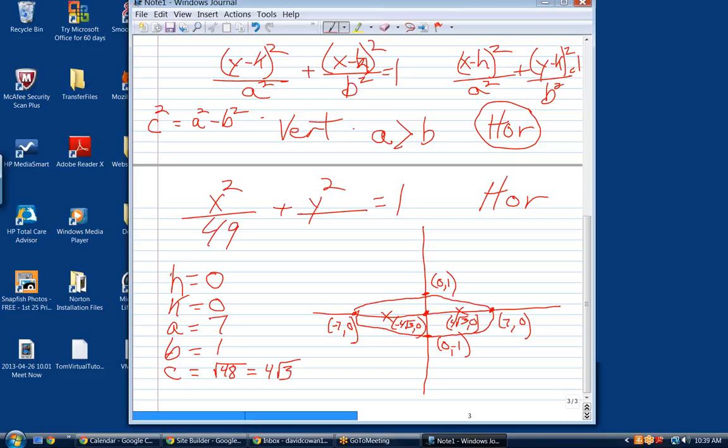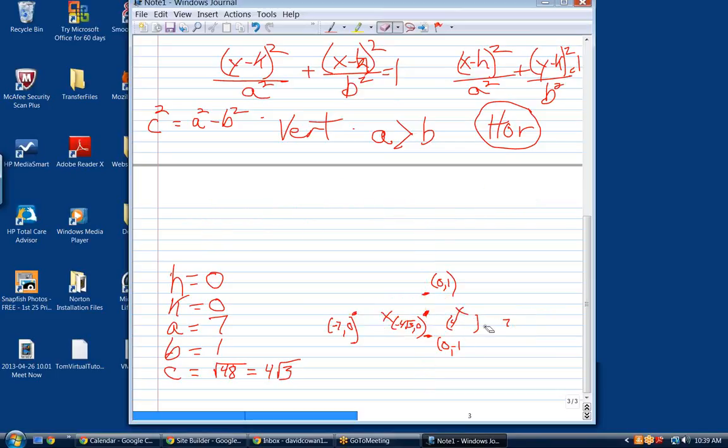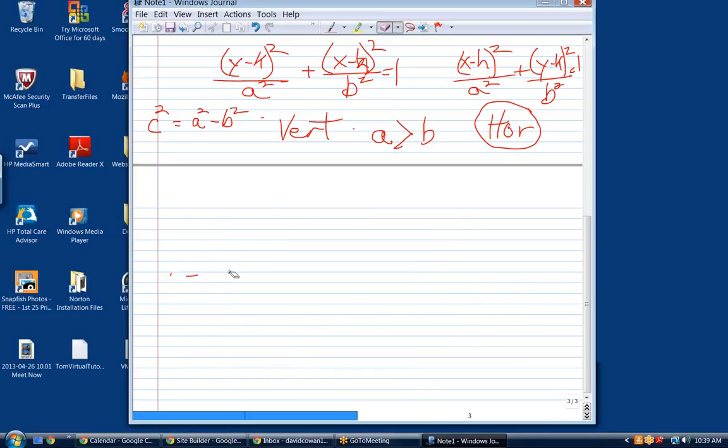And now I would enter it in the calculator here. Other than the reflective properties.